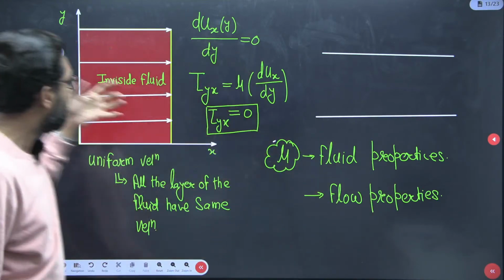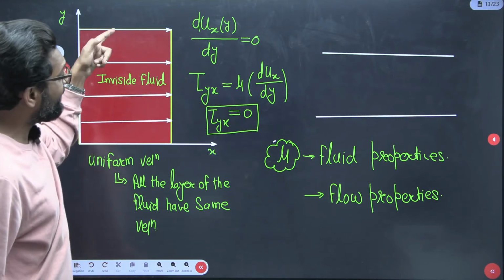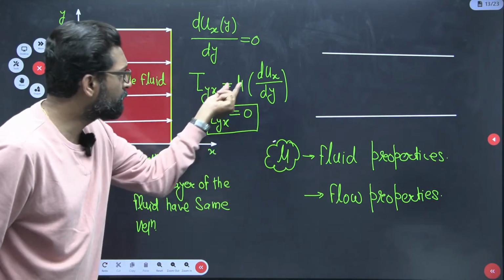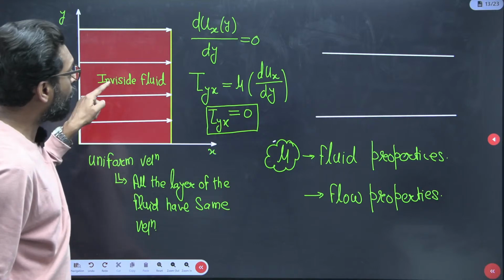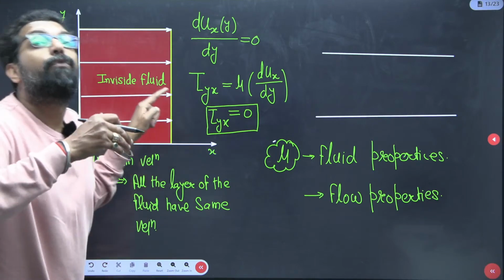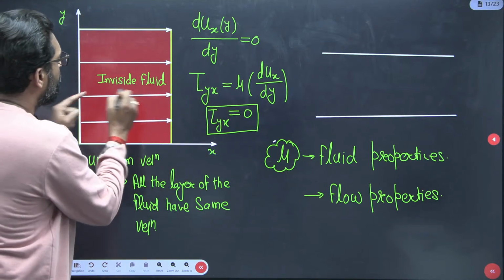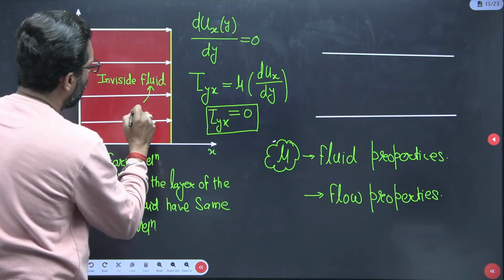See my dear, here is the flow, but still there is a viscosity. So that is called inviscid fluid. You can loosely say inviscid flow.